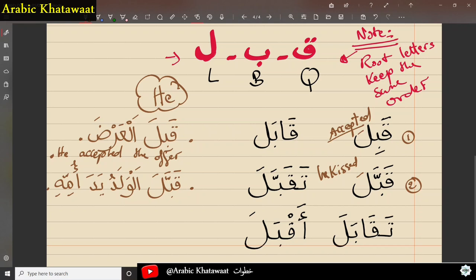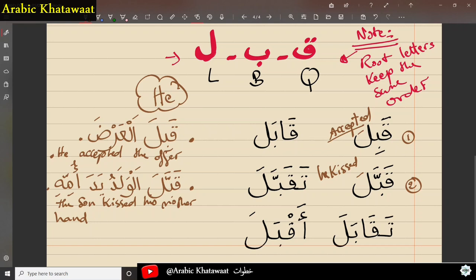So as I am reading these sentences, please make sure you are reading along. So قبل العرض, there is no stress on ب. قبل العرض. قبل الولد يد أمه. Then we have تقابل. تقابل is met.